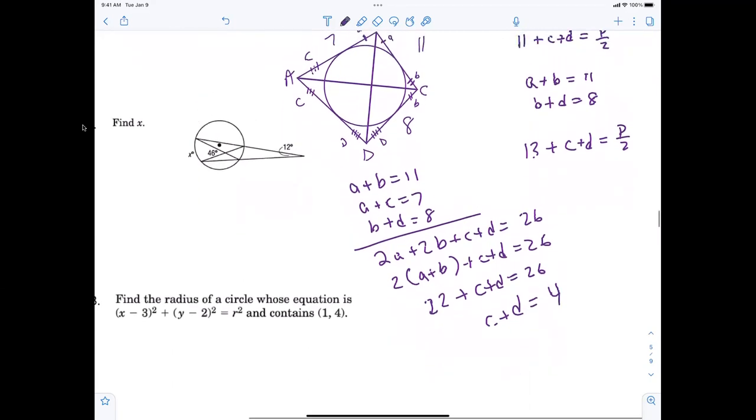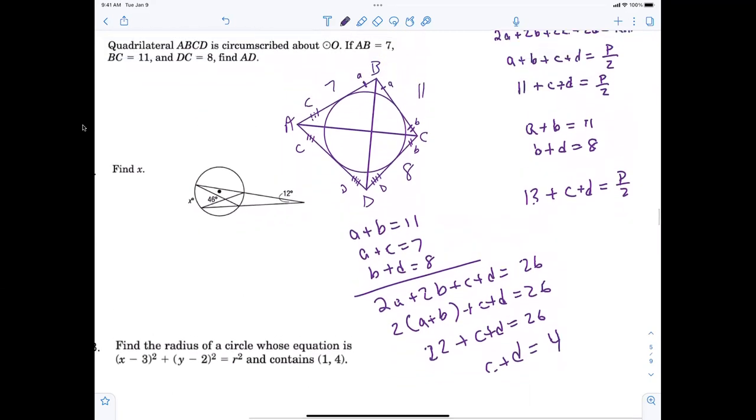Oh. I added C plus D equals 4. Come on, guys, keep thinking.